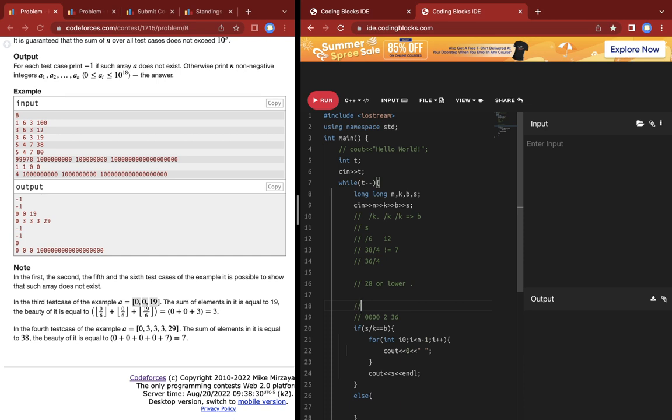So we basically need greater than 24, lesser or equal than 28, right? Such a number inside of our array. And the other numbers can be between 0 to k minus 1.